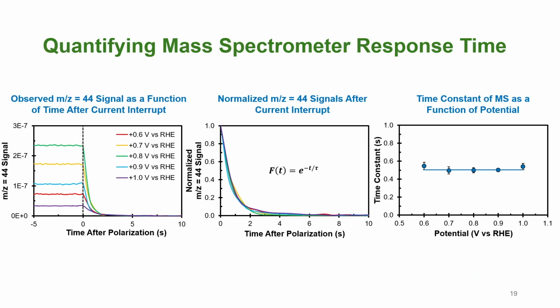So now that we have calibrated our systems and the species of interest, we want to quantify our mass spectrometer response time. Really, we just wanted to see how fast the mass spec could actually detect electrochemistry.